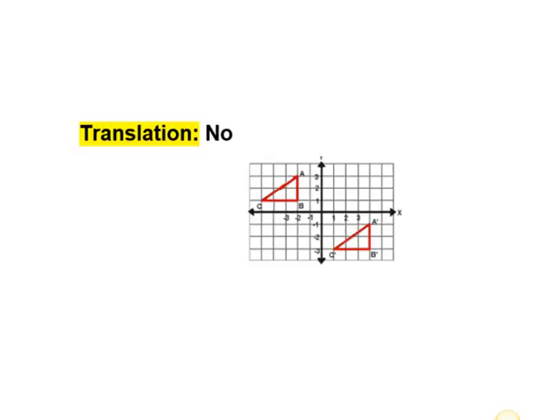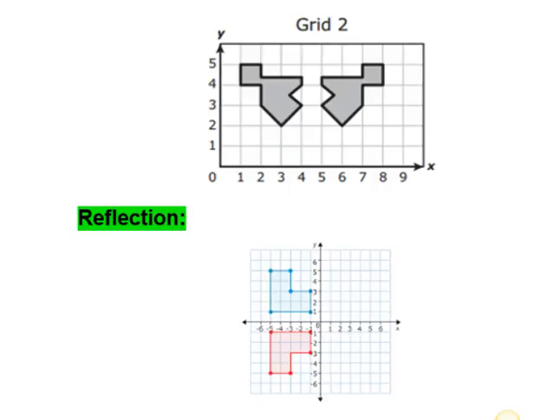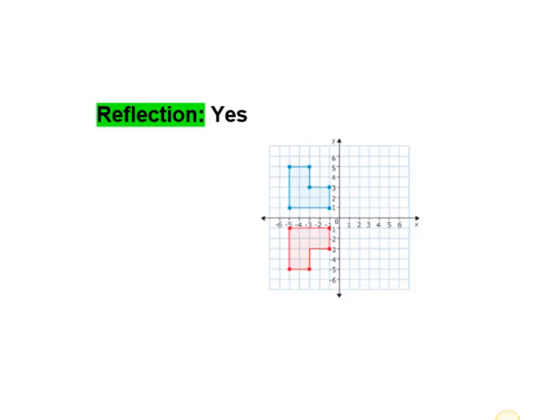The transformation for grid 2 is not translation. What about reflection? If you said yes, you are correct. So the transformation for grid 2 is reflection.